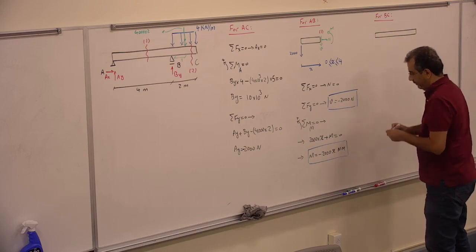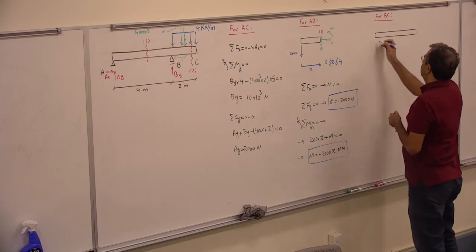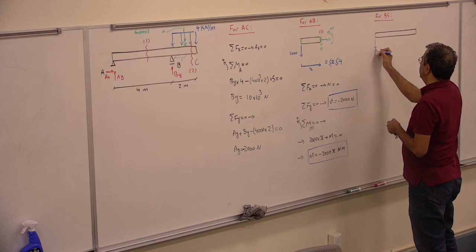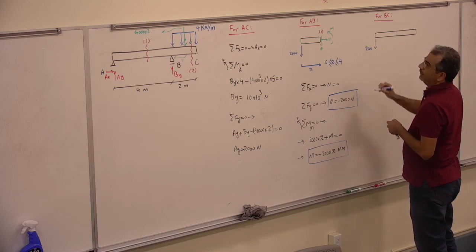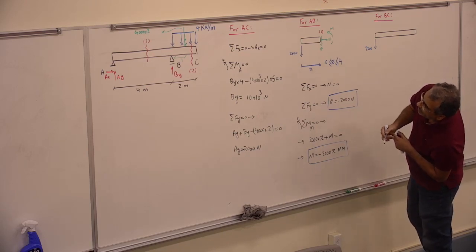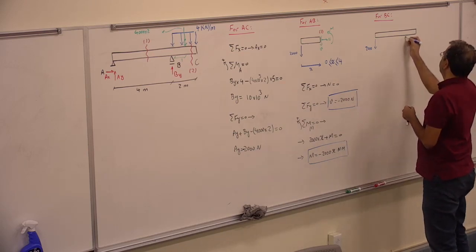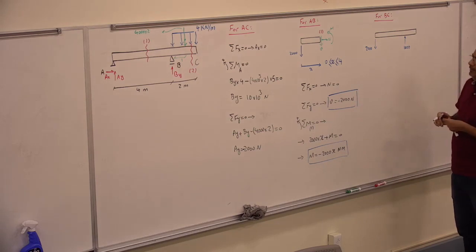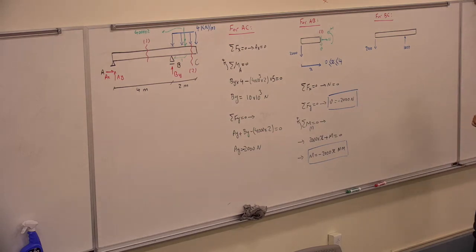Then I'm going to have 2000 here, onward. Then I have B_y, 10,000 up. So for the distributed load, the external force, what would I put there?